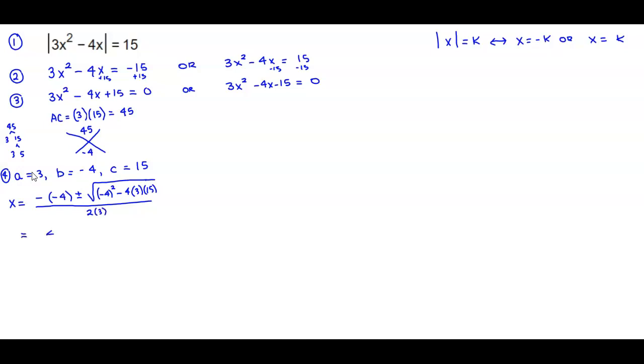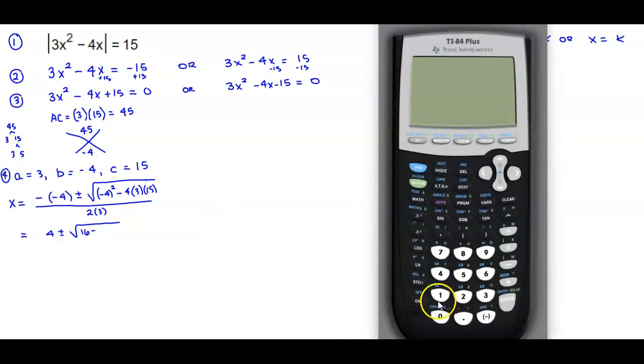So we get positive 4 plus or minus the square root of negative 4 squared, which is 16, minus 4 times 3 times 15, which gives us 180, and then we're dividing that by 6.